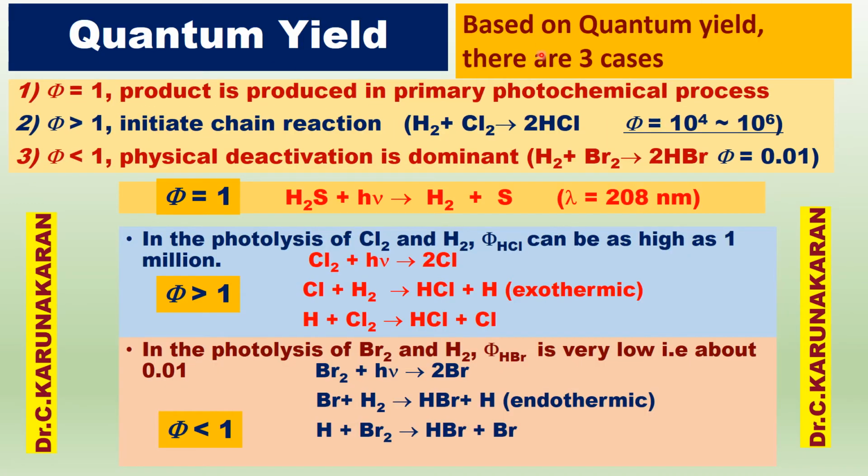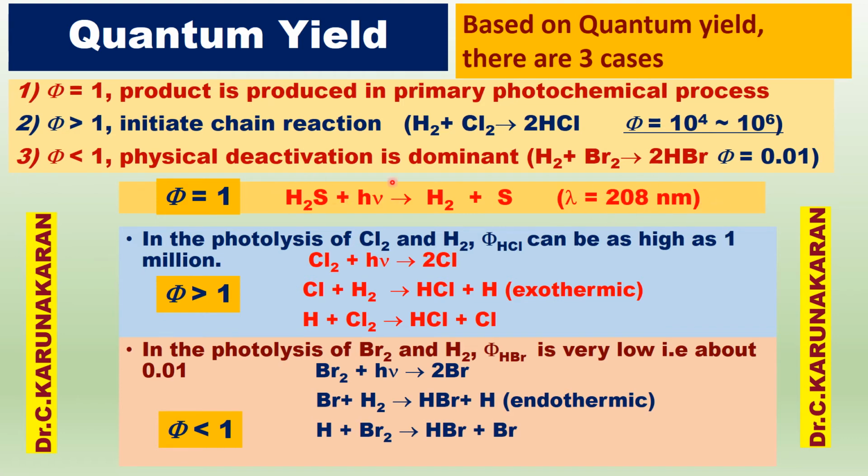Based on quantum yield, there are 3 types of photochemical reactions. If phi equals 1, the product is produced in the primary photochemical process. There is no secondary process. For example, with phi equal to 1, hydrogen sulfide is irradiated with electromagnetic radiation of wavelength 208 nanometer.